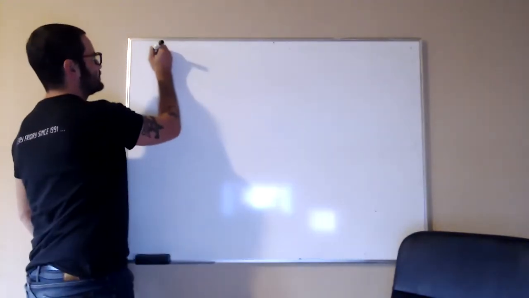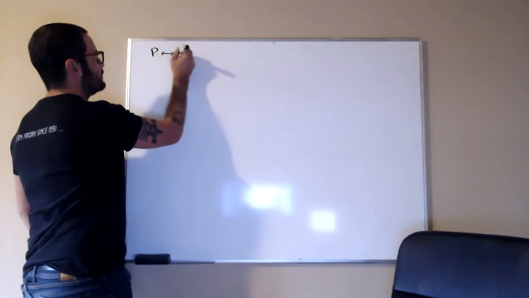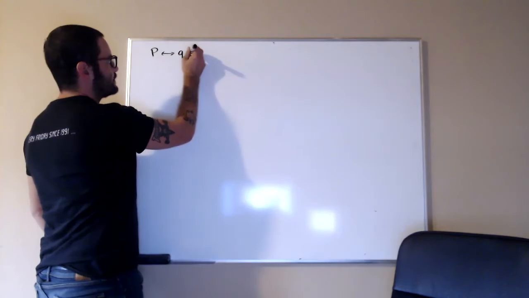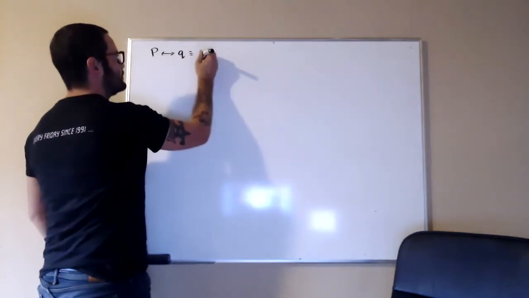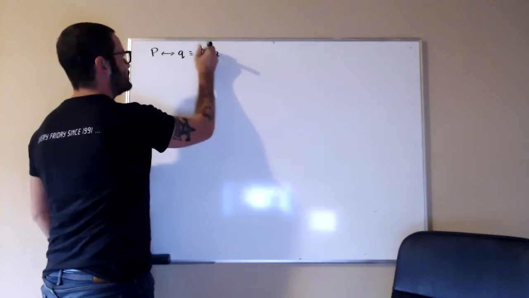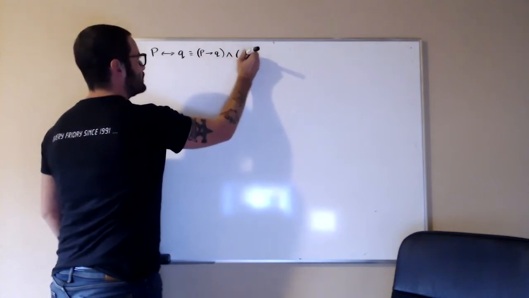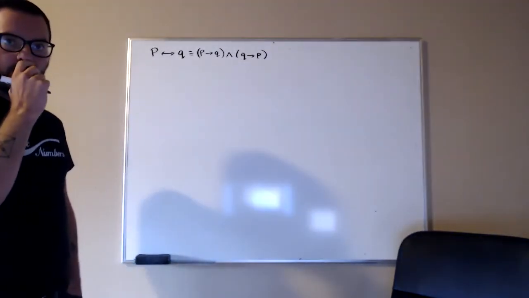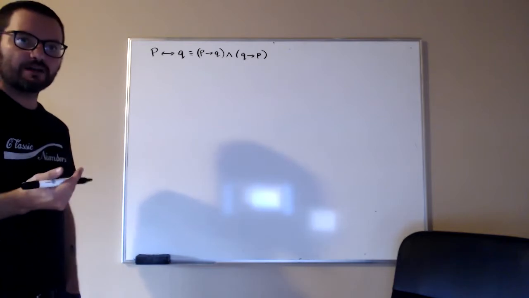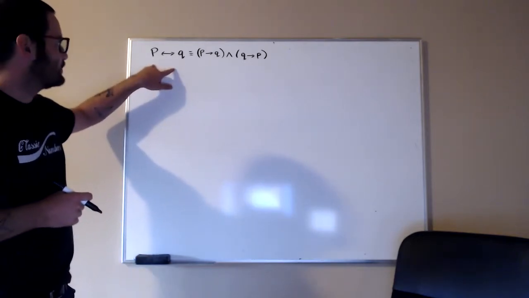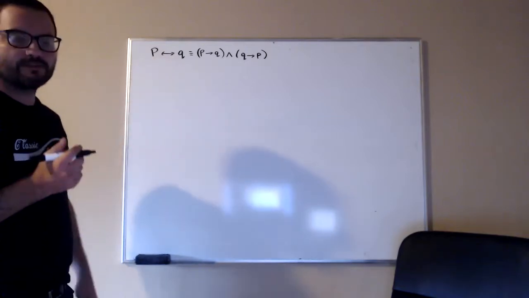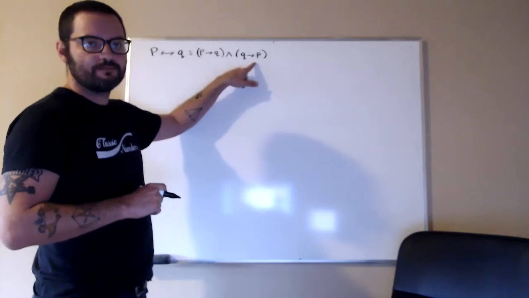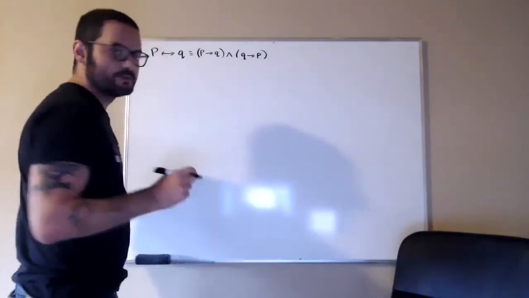So recall the biconditional statement, P if and only if Q. If you've followed through the textbook, this is logically equivalent to P implies Q and Q implies P. So when encountering mathematical statements that are biconditional, this is equivalent to proving P implies Q and Q implies P. Okay, so let's look at an example.